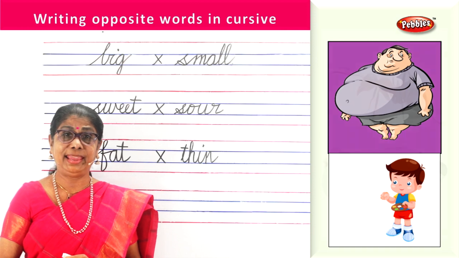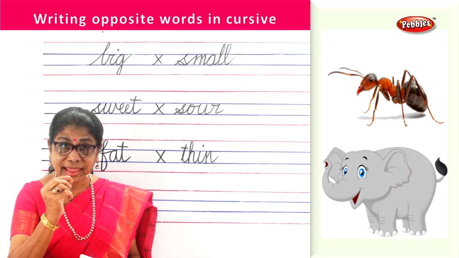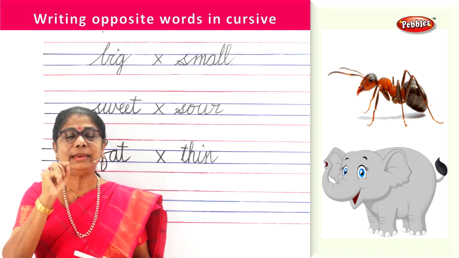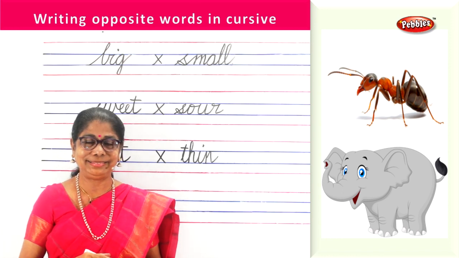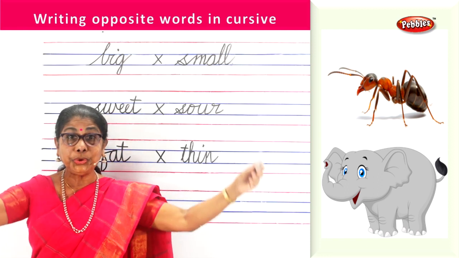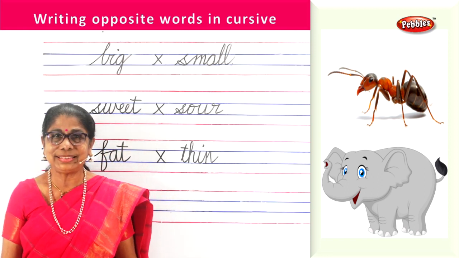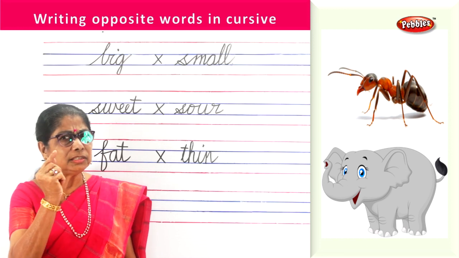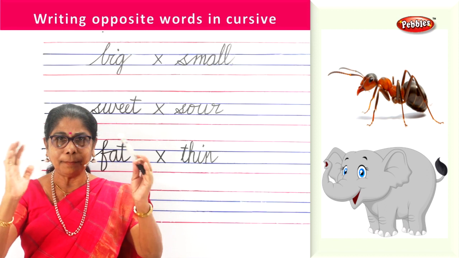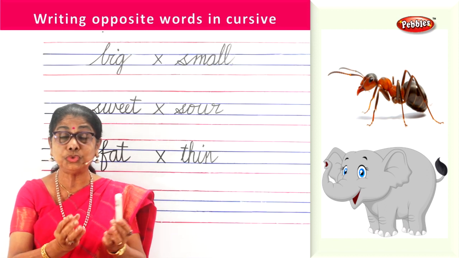Now you say the little ant. Spell ant, A-N-T, ant. A little ant is tiny. Now what about the big elephant? It's huge. Yes? A single cherry is tiny. But a big apple is huge.